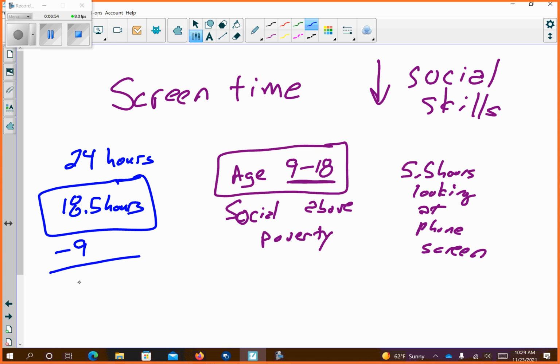Let's just say minus 9. That means that you're awake for 9.5 hours not on your phone. Yikes. I think something has taken advantage of your generation, friends.